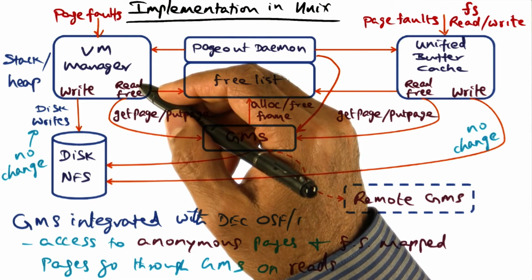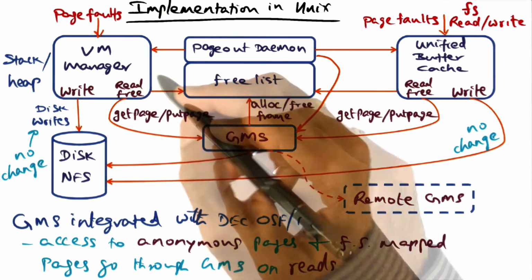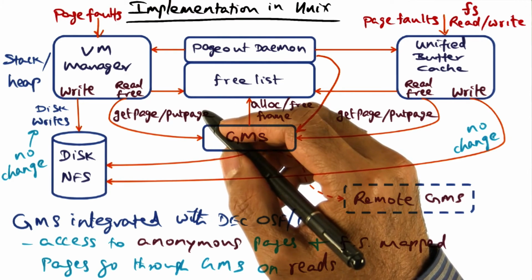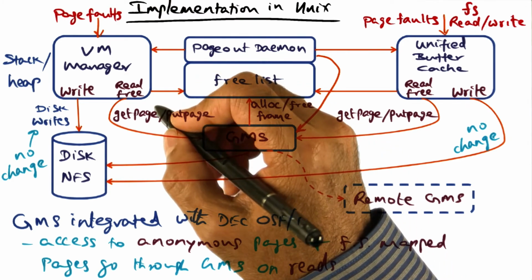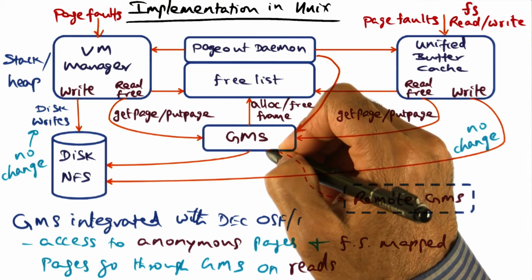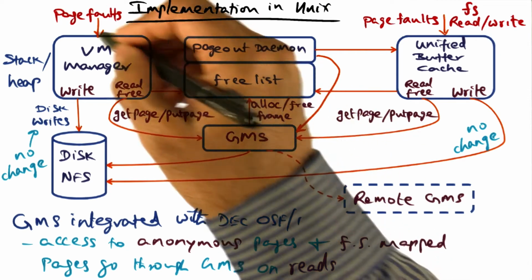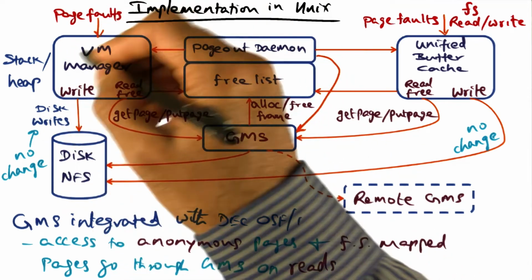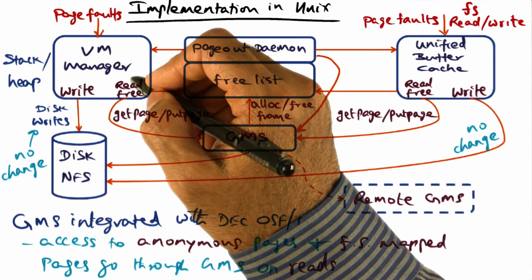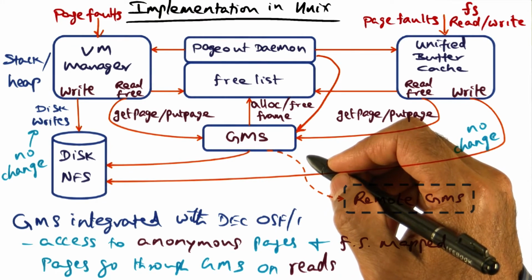So the TLB contains information about the recently accessed pages on a particular processor. Periodically, say every minute, it dumps the contents of the TLB into a data structure that the GMS maintains so that it can use that information in deriving the age information for all the anonymous pages that are being handled by the VM. So that is how GMS collects the age information at every node.